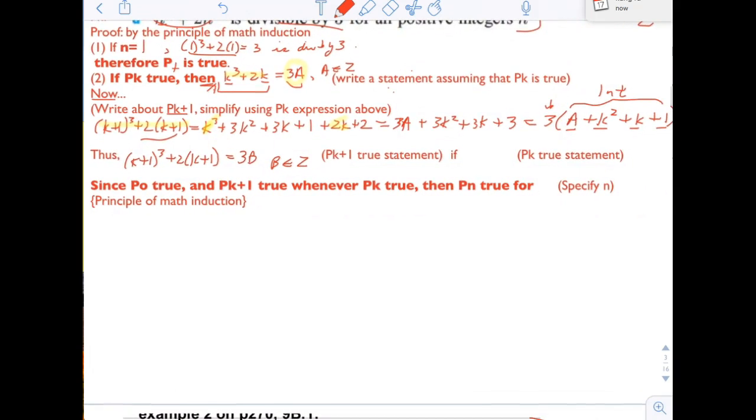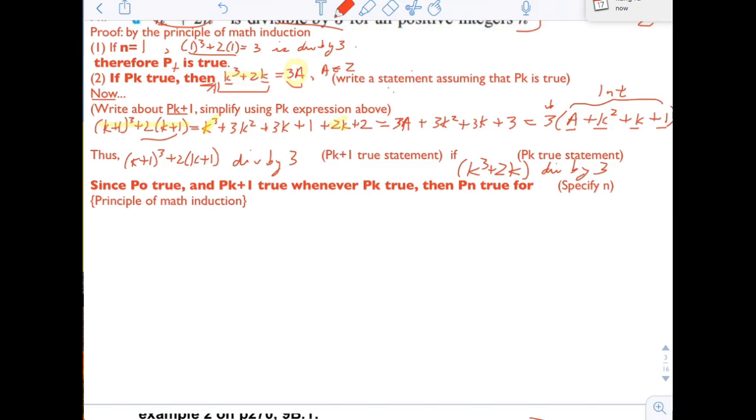So it's divisible by 3, right? You could also say it's divisible by 3. Let's say that instead. Divisible by 3 if, and then we say the P of K case. So k cubed plus 2k is divisible by 3.